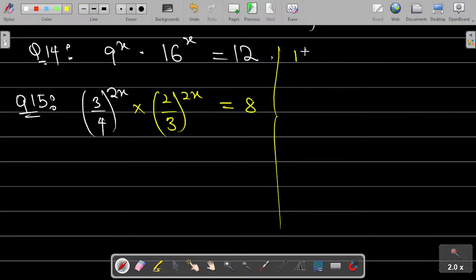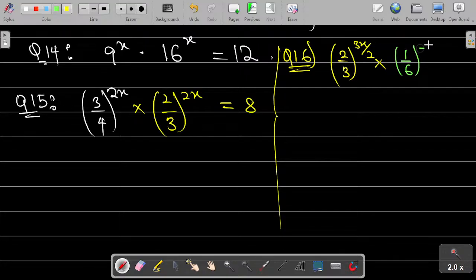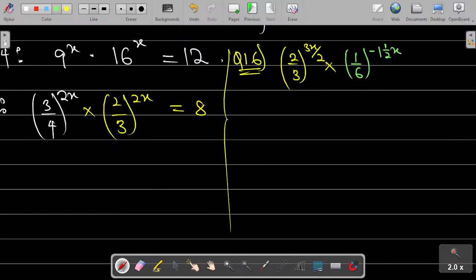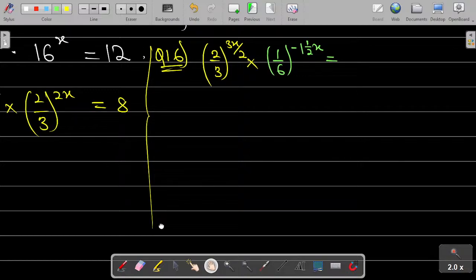Let me leave it. So finally, for question 16, which is the last example, we are given 2 over 3 all to the power of 3x over 2, then multiplied by... okay, permit me to shift this a bit, and then this is equal to... okay, we have to still go back.